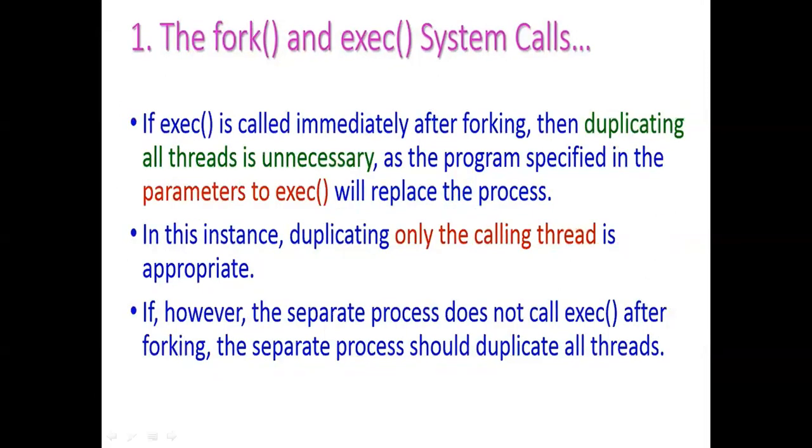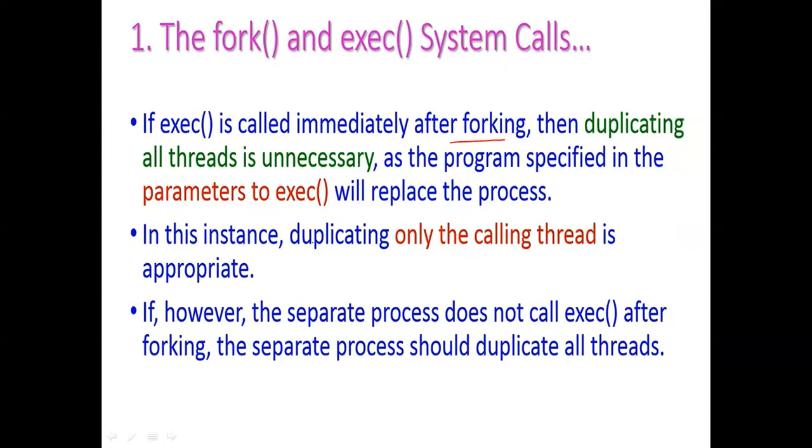If the EXEC system call is called immediately after the fork system call, then duplicating all the threads is an unnecessary process, as the program specified in the parameters to EXEC system call will replace the process.